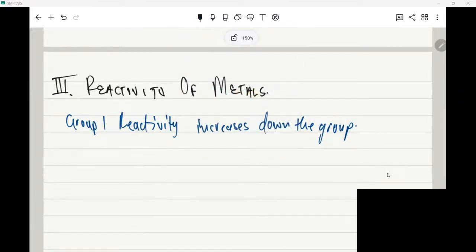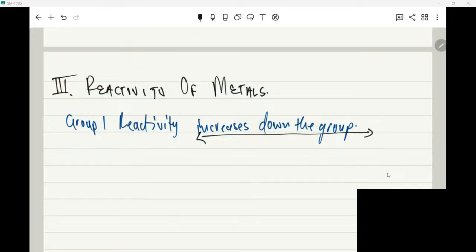So what you must know is that group 1 reactivity increases down the group. Things that are down the group are dangerous. You can't take a group 1 metal at the bottom and throw it into water. You get an explosion. Group 1 reactivity increases down the group.